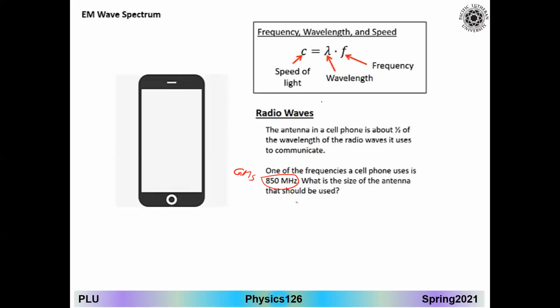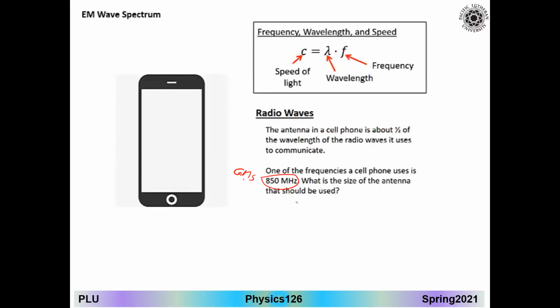And usually the antenna length is given by half of the lambda. So the antenna size would be half of the lambda, and sometimes even smaller, a quarter of the lambda, but not smaller than that.